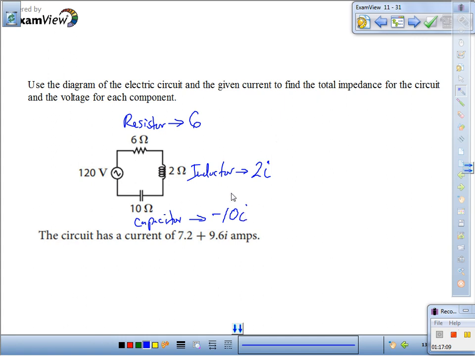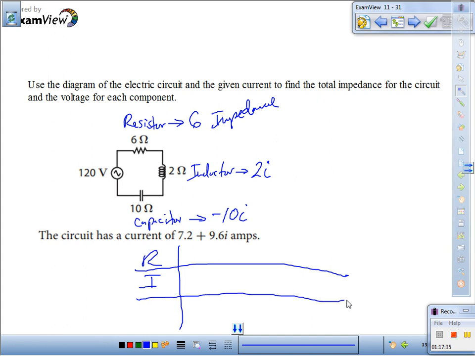Yes, very good. These are the impedances. But now they're asking us to find out how much current is going through each one, so I'm going to write R for resistor, L for inductor, and C for capacitor.